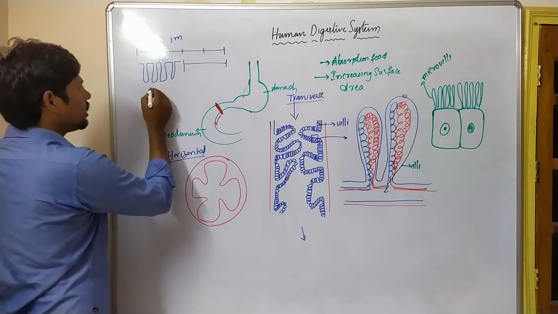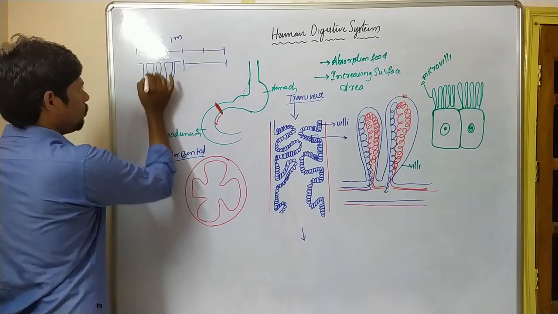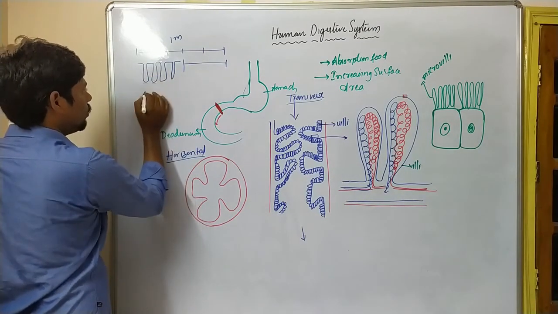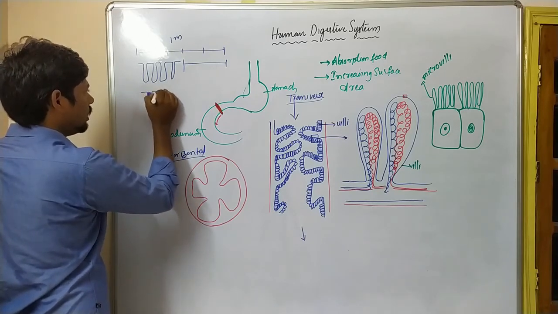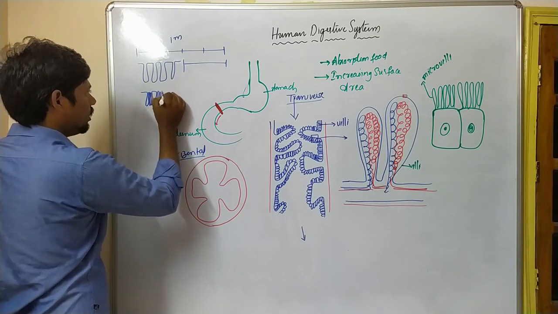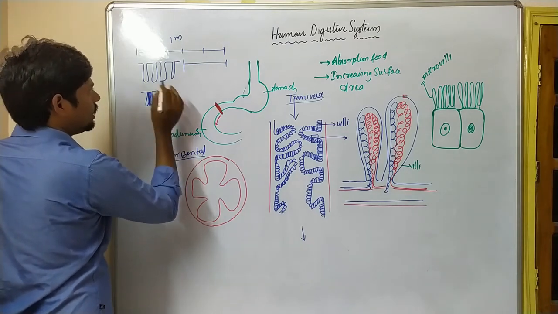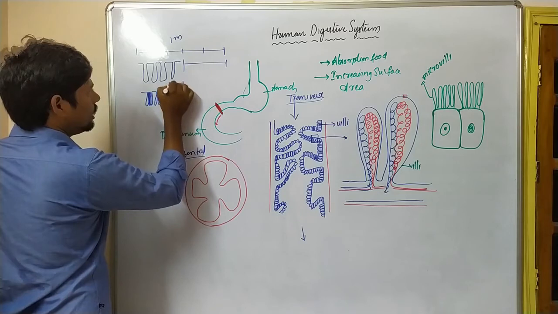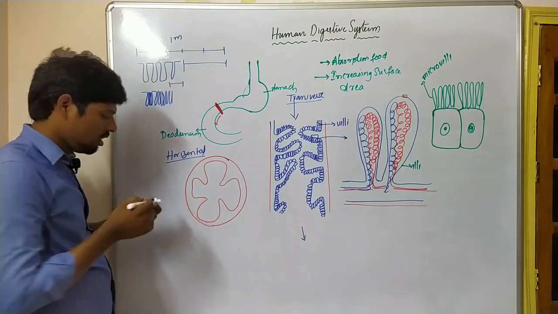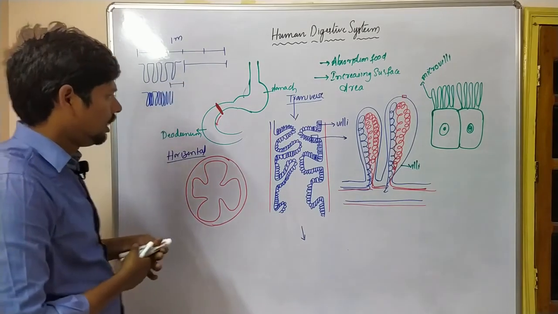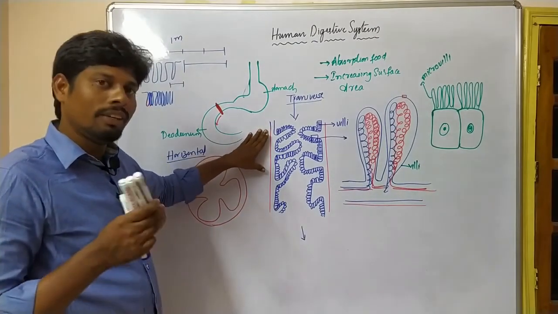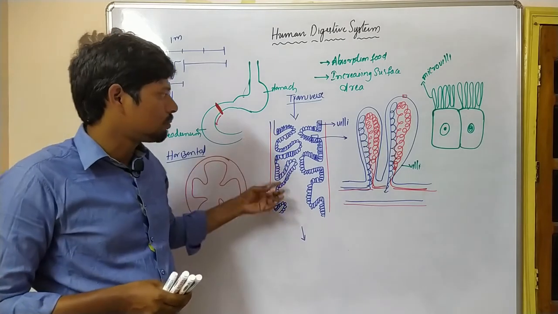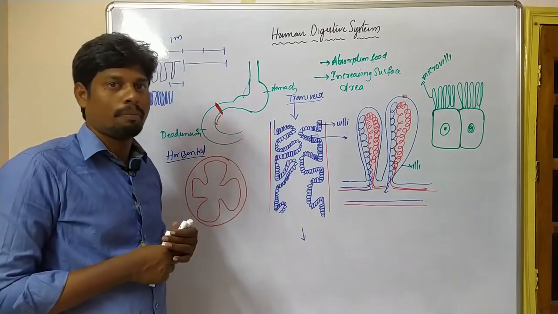Again, if you fold this into 4 parts, again into 4 parts, it looks like this area. Again we are reducing this much area. Because we have a small area, but we need excess absorption of food particles into the bloodstream.